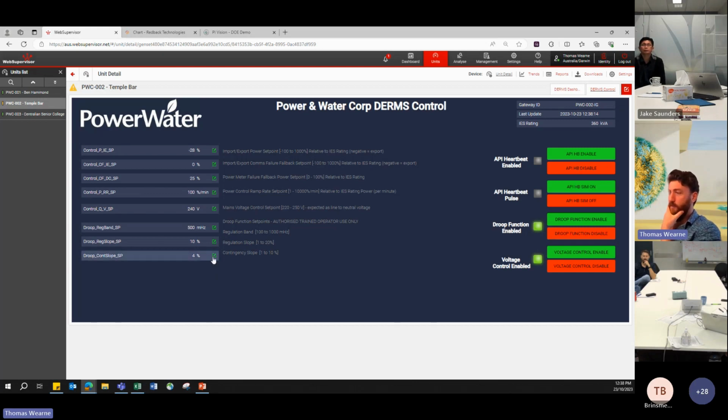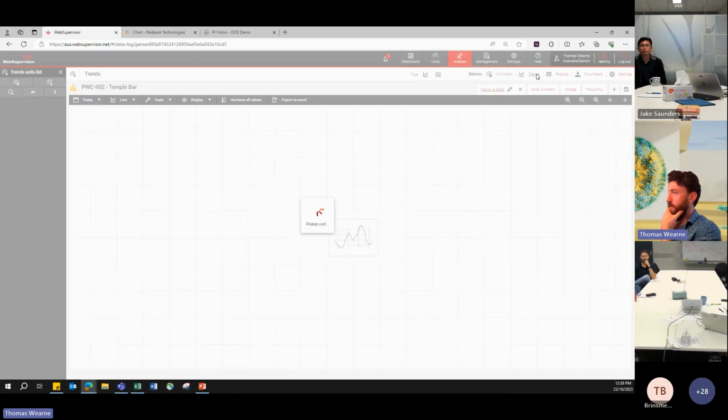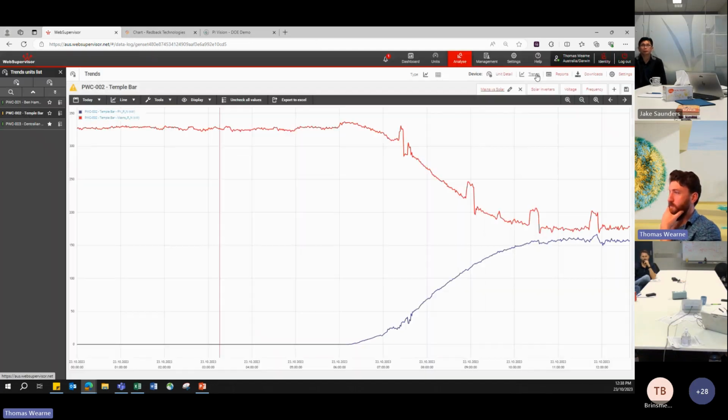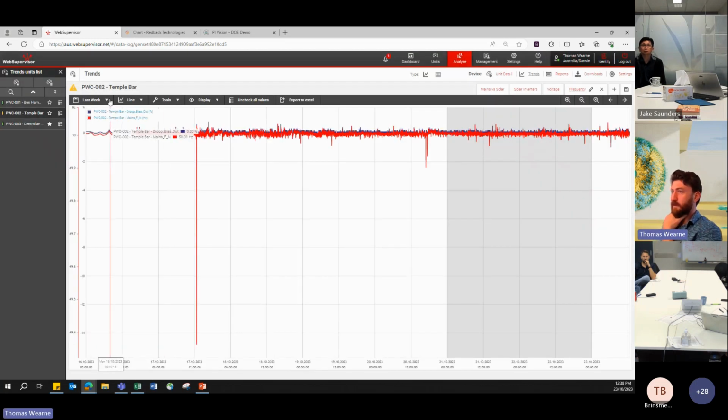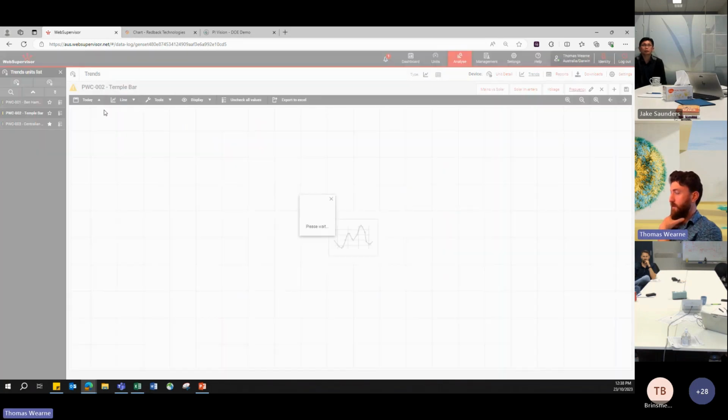They said, "Oh yeah, put it on 4%." That would be good. When we look at the trends, you can see it work, but it's obviously just 1 minute averages, which is not really the right level. But we end up with basically a constant, very, very small change in what the export limit is relative to how we've set it, based on a little bit of bias. That's loading for a full week, so that's going to be a bit annoying. Just doing it for today.